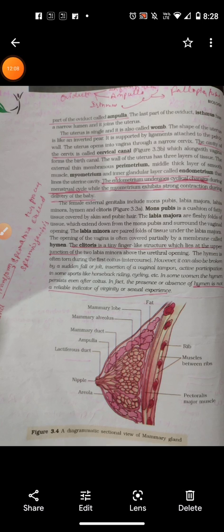Labia minora are paired folds of tissue that lie inner to the labia majora. The labia minora enclose a space called the vestibule, and anteriorly they merge and form a small conical structure called the clitoris. The clitoris is formed by erectile tissue ending with the rudimentary glans clitoridis and prepuce.